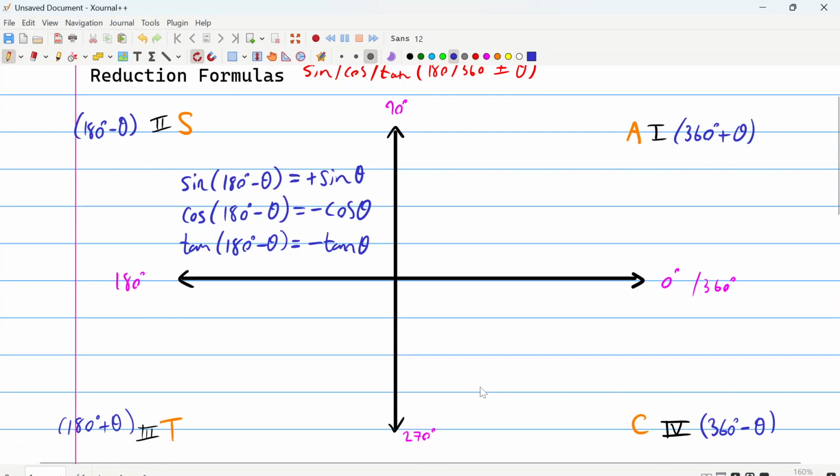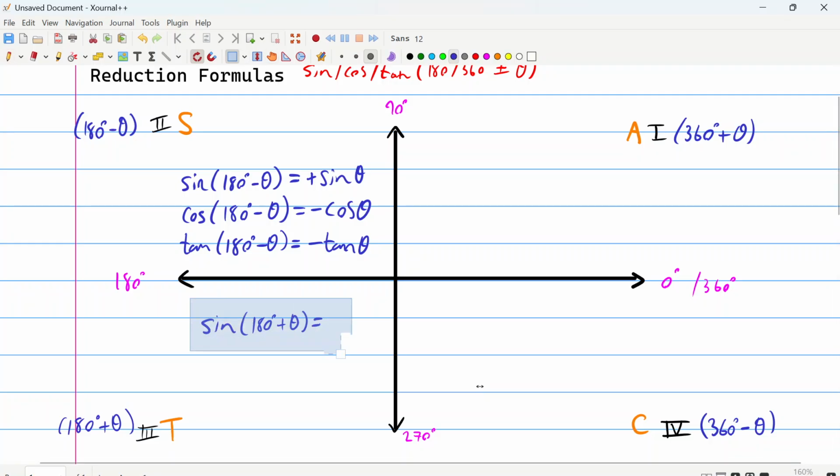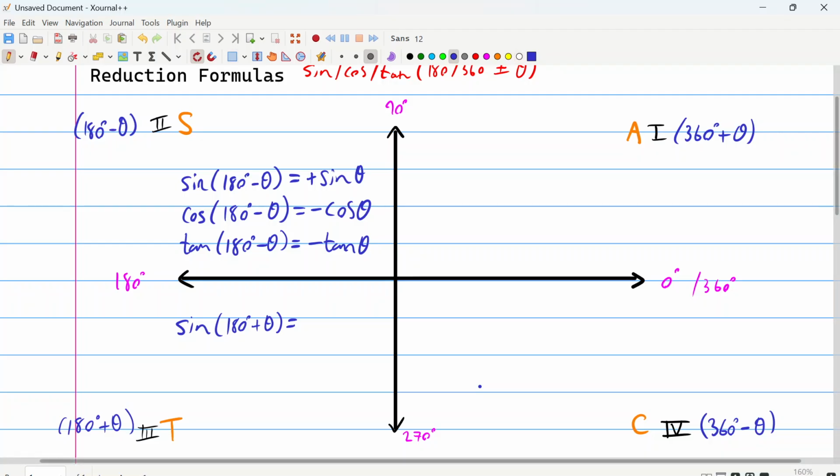Now that we've dealt with that part, let's go to quadrant 3. Let's deal with sine of 180 degrees plus theta, because this is quadrant 3. Meaning that our answer, will it be negative or positive? Well, notice that we're in tangent's quadrant, meaning tan is the only one that can be positive. So this one will be negative sine theta.